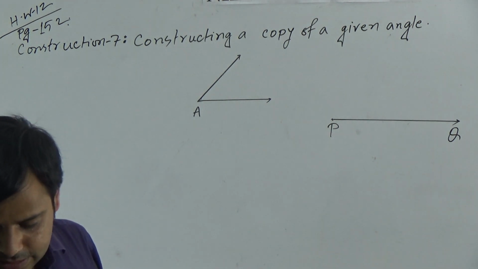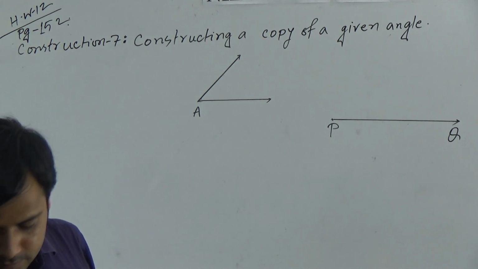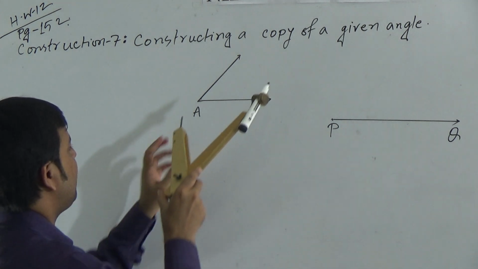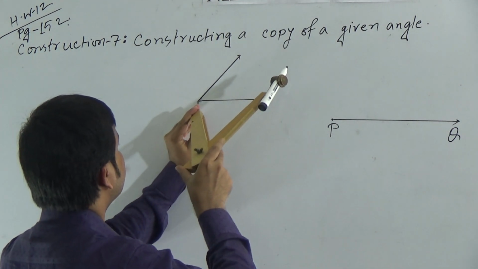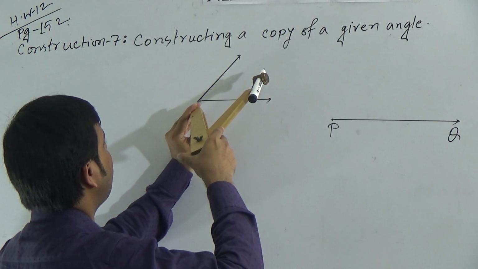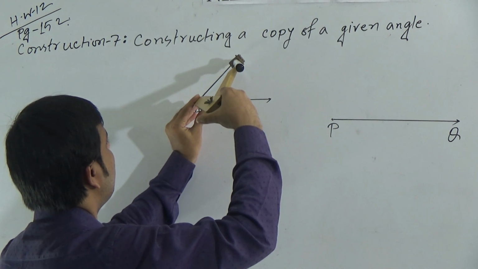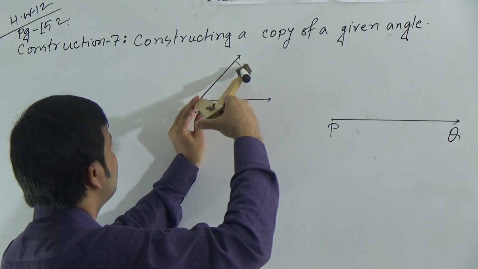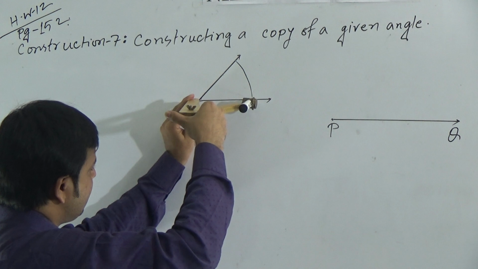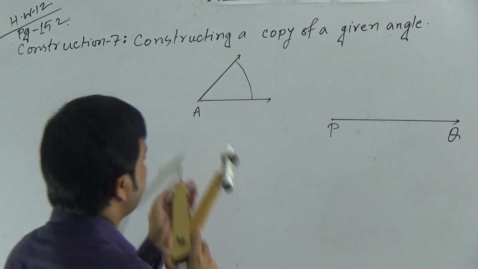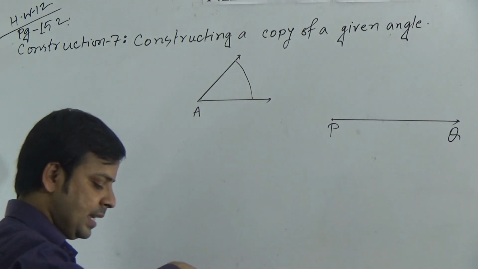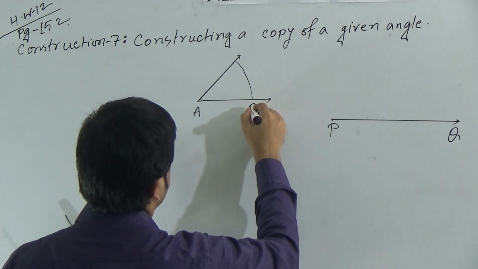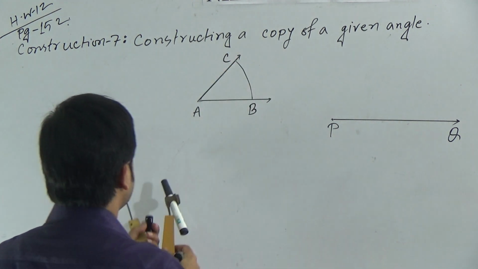Then put the pointer of the pencil compass at A, and draw an arc with convenient radius which intersects the rays of angle A at B and C.